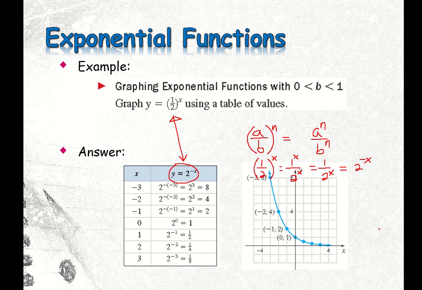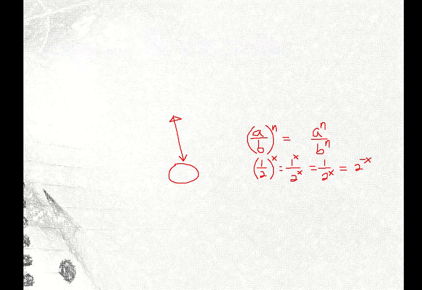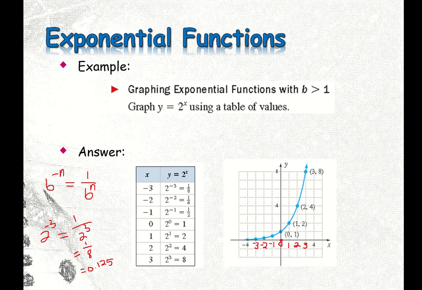You have noticed that in our previous example, for b greater than 1, as you look at the first example, our graph has this orientation. It's rising exponentially to the right.